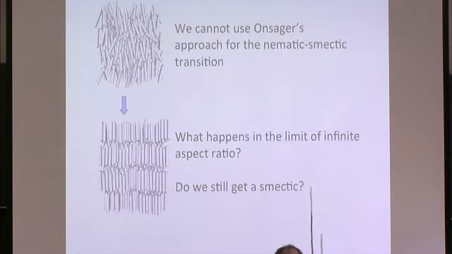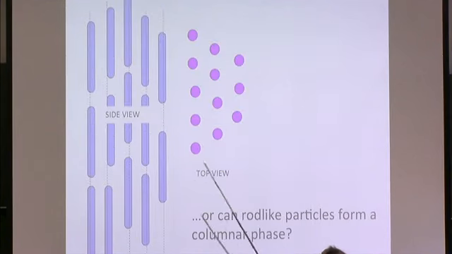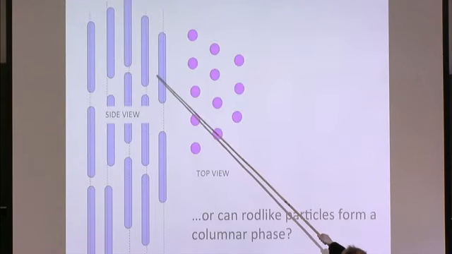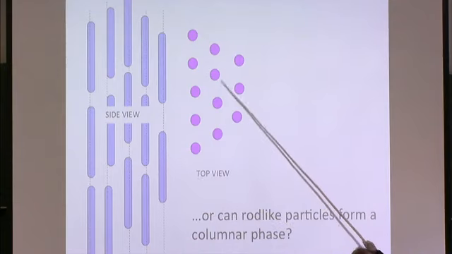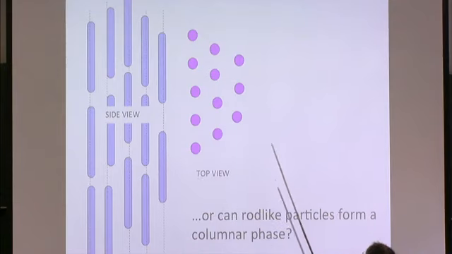And is it still a smectic? I mean, there could be other possibilities. For instance, it could form a columnar phase where rather than the molecules organizing in layers, they order in lines that themselves order in a two-dimensional crystalline lattice, or something else could happen.